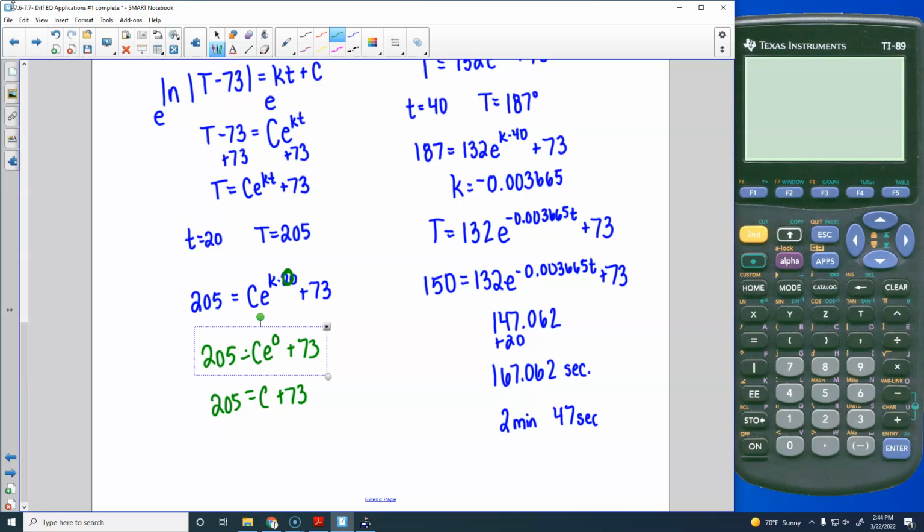That should say exponential instead of whatever I wrote there. Exponential.